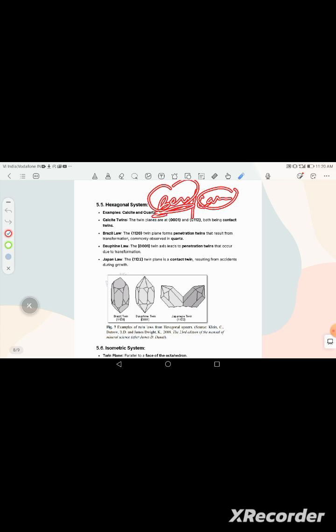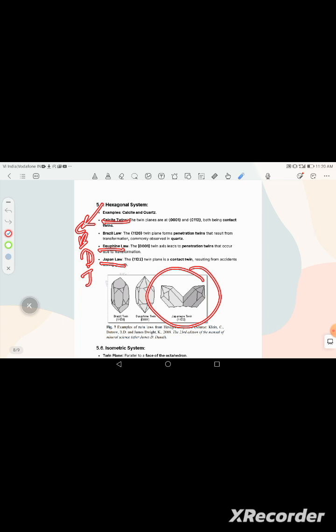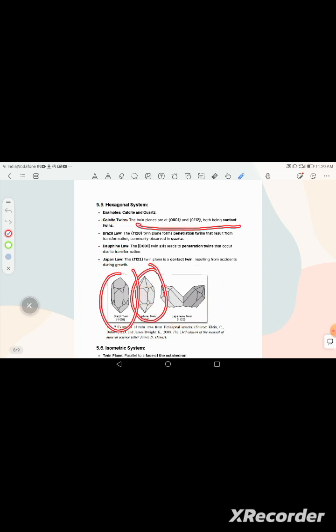In beryl we have so many: the prism of first order, prism of second order, dipyramid of first order, dipyramid of second order, hexagonal dipyramid. So these crystals we have generally. In calcite, CBDJ, hexagonal, we need to remember. Dauphine and Japan is important. This Japan diagram is very important. This is the Dauphine diagram, this is the Brazil law, and these are the calcite twins.